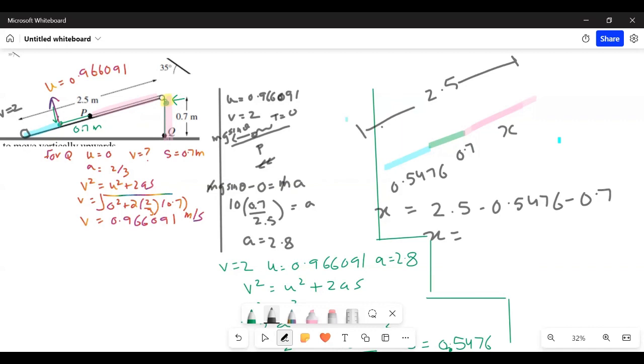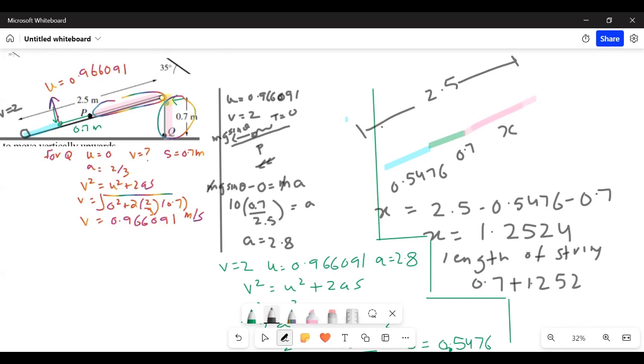It's 1.2524. ओके। तो अब पूरे स्ट्रिंग की लेंथ चाहिए, तो इसमें इसकी लेंथ और इसमें 0.7 ऐड करेंगे। सो लेंथ ऑफ स्ट्रिंग वुड बी 0.7 plus 1.2524, which gives 1.95 after rounding.